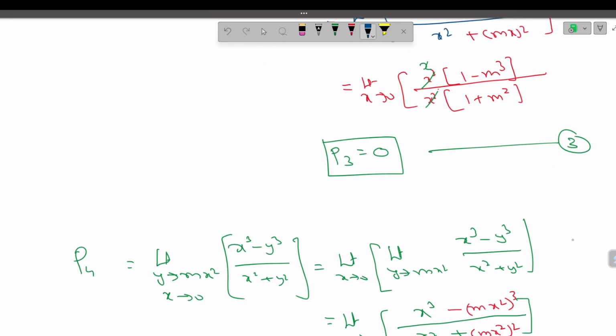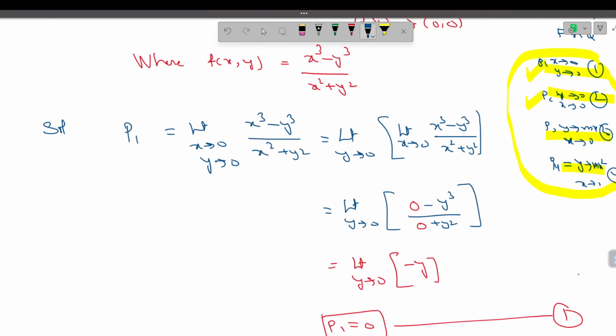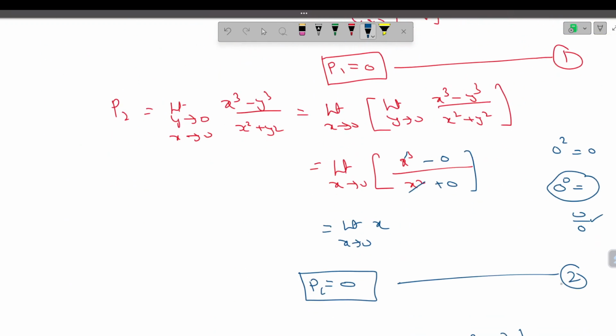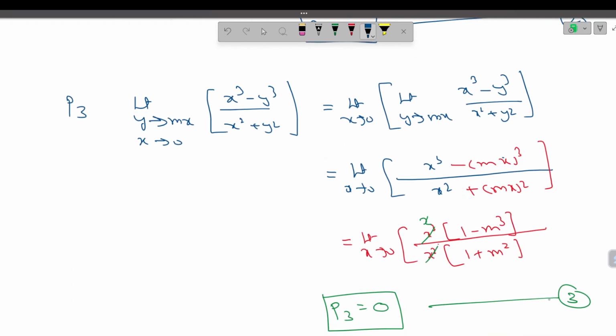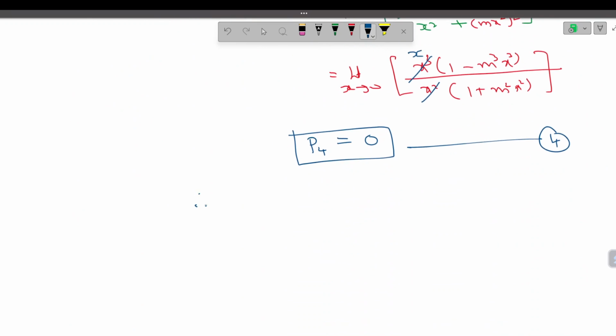So we have done P1 equal to 0, P2 equal to 0, P3 equal to 0, and P4 equal to 0. Therefore P1 equals P2 equals P3 equals P4 equals 0.